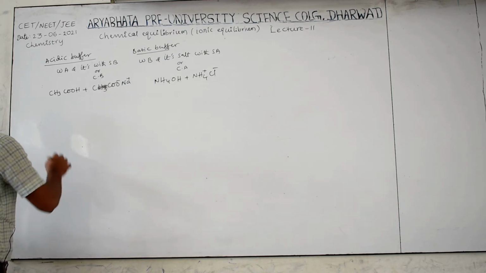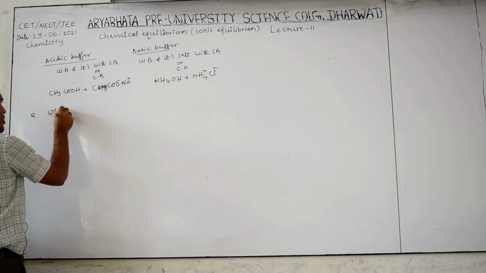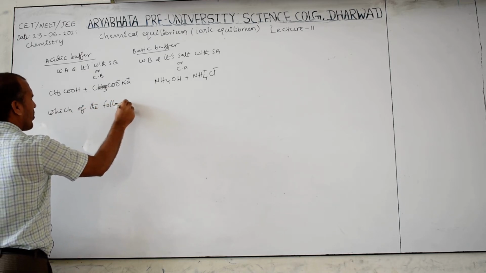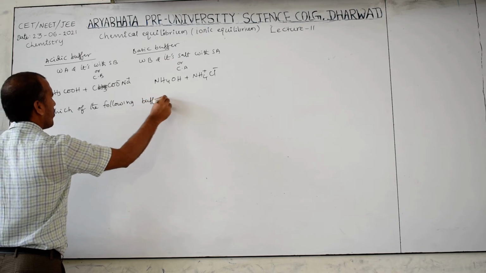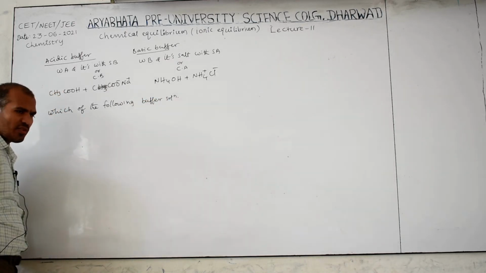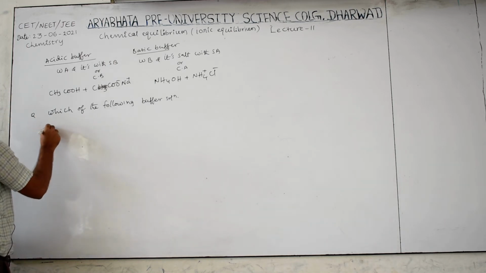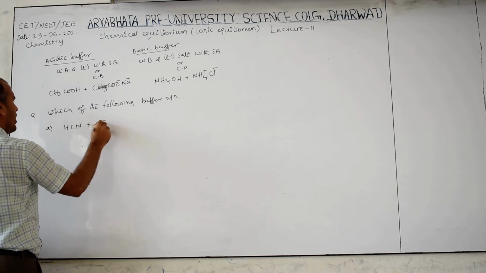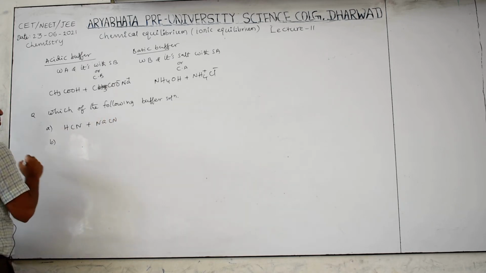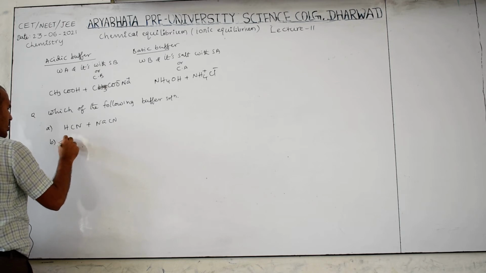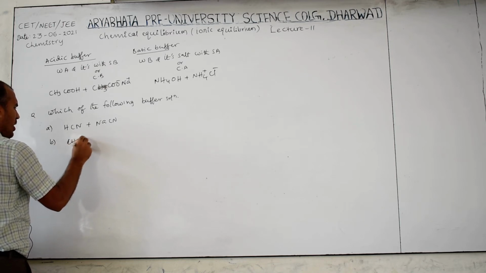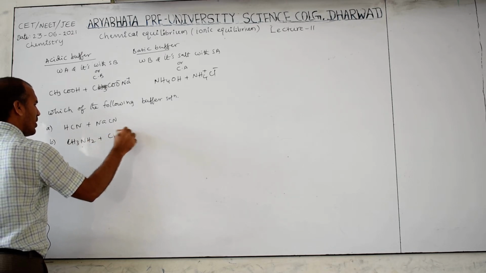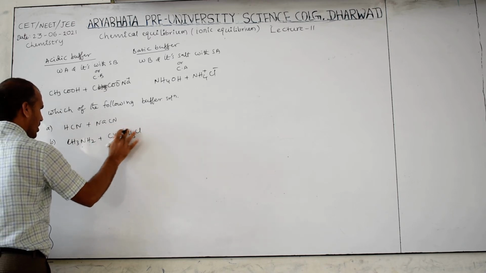So now I will give one question: which of the following is a buffer solution? I am giving both acidic and basic buffers here. Option A, HCN plus NaCN. B, CH3NH2 plus CH3NH3+ Cl minus, or you can write it in normal form also.